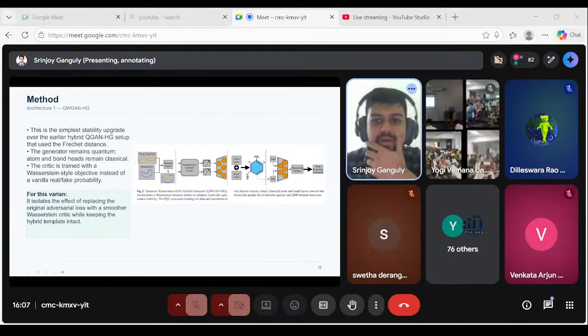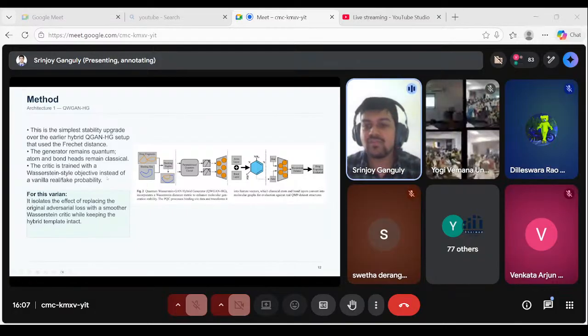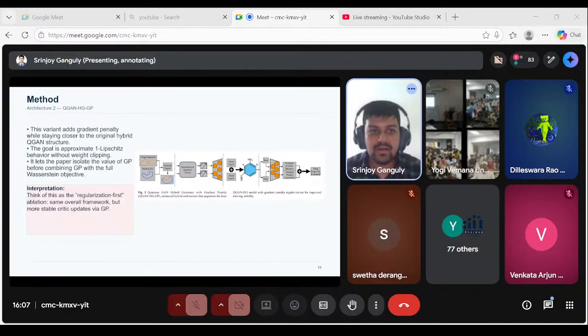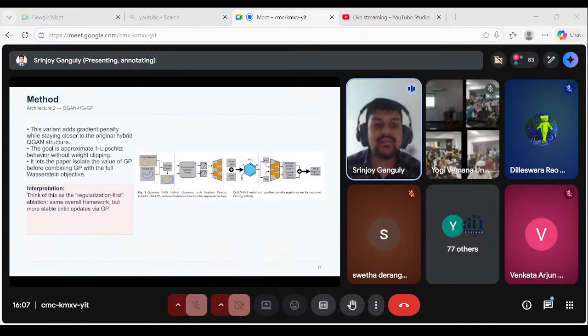It generates the graph embeddings, the molecular structures, and then you feed it to the discriminator, which is like a critic. It gives a score, as I said. So this is Wasserstein without gradient penalty, and this is the one which was done by the IBM team some time back. But I think they didn't use gradient penalty, but we have used gradient penalty on their model as well.